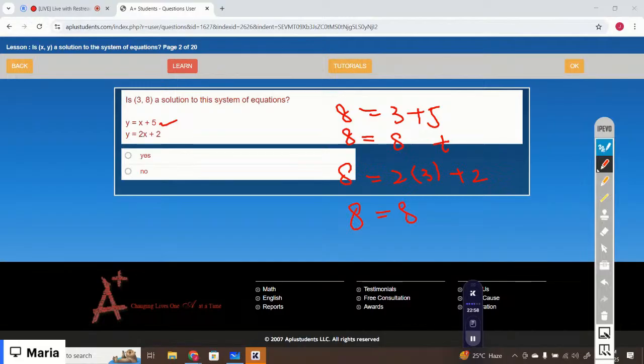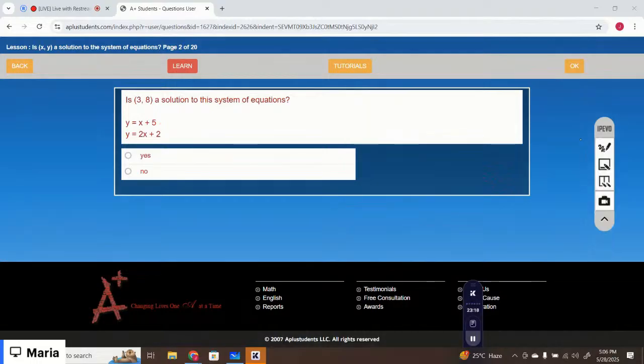So that means yes, 3, 8 is the solution of the system of equations. Option number one is the correct option.